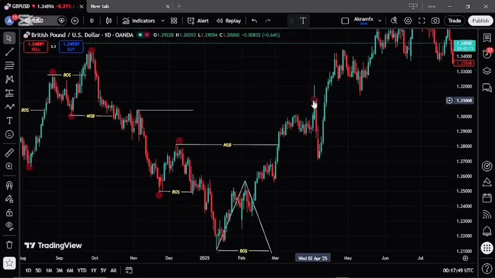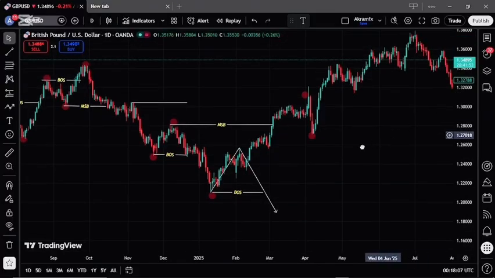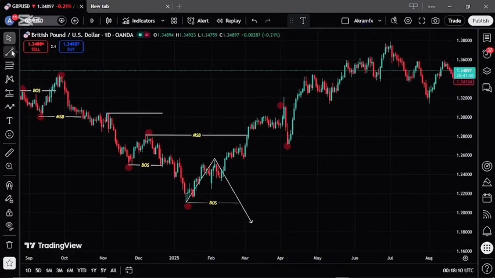After forming that, you do not enter immediately. Wait for prices to make the series of an uptrend, which is a low, a higher low. After having a higher low, immediately we know that the trend is bullish.